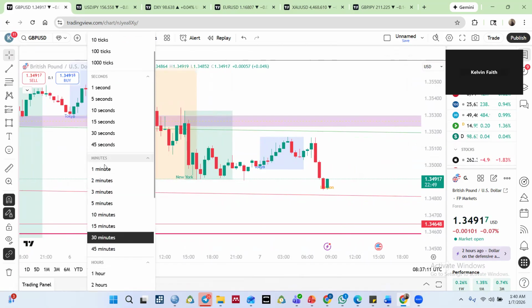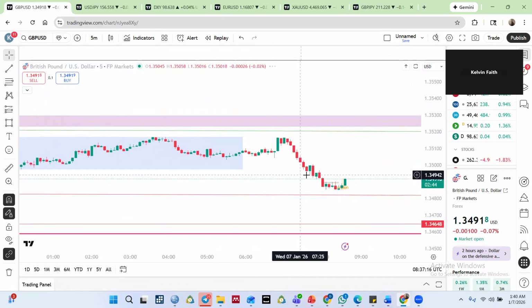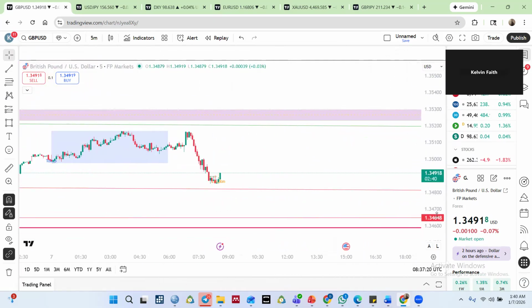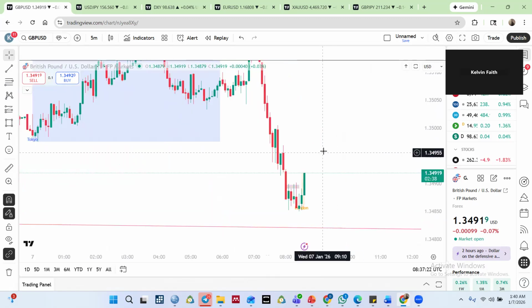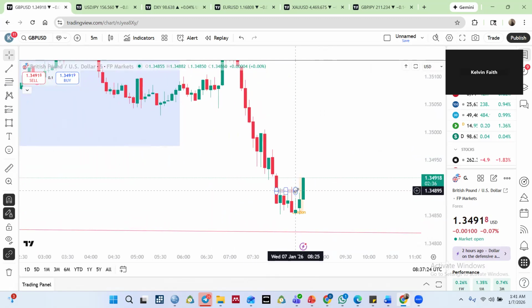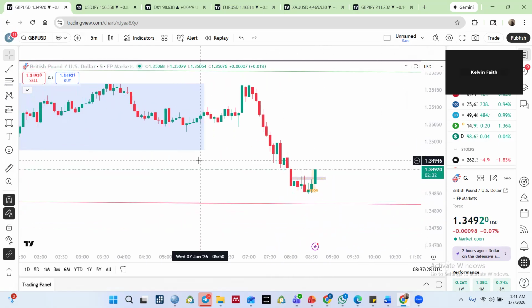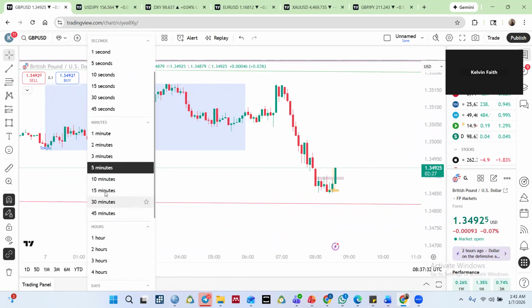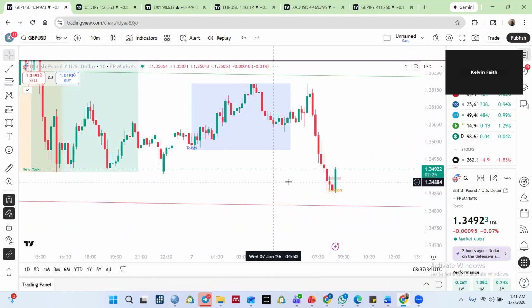It's bottoming up. Let me see the 5 minutes. Wow. It's just bottoming up. So the sellers are being crashed on the 5 minutes. 15 minutes, 10 minutes.